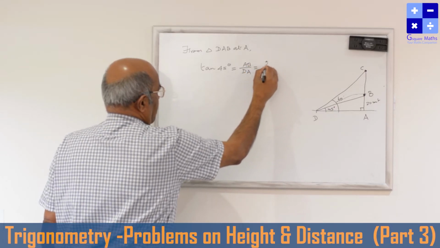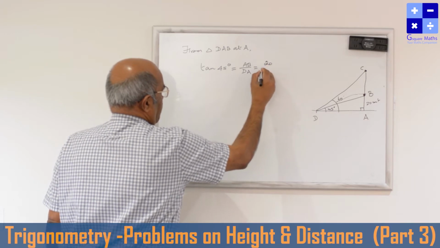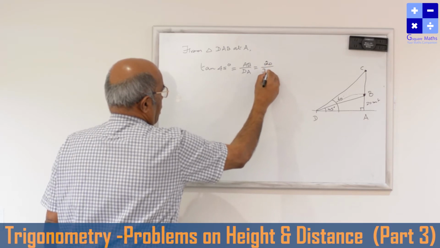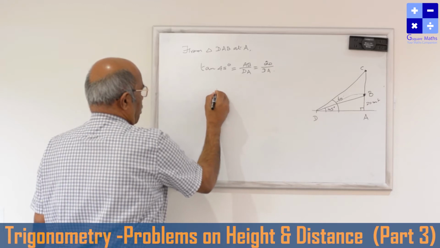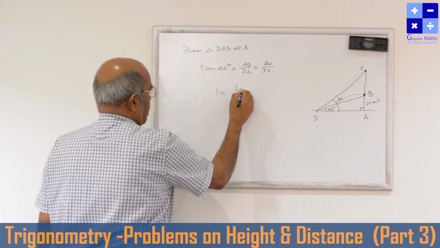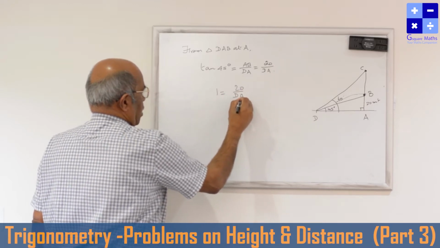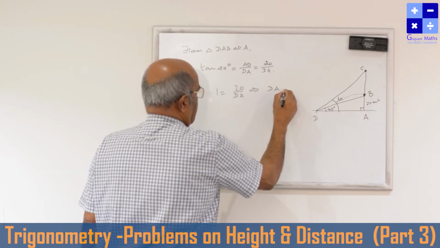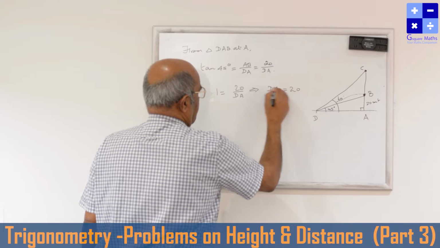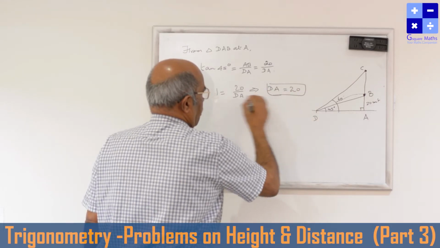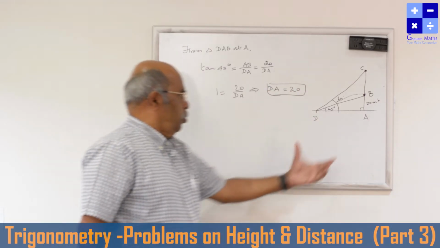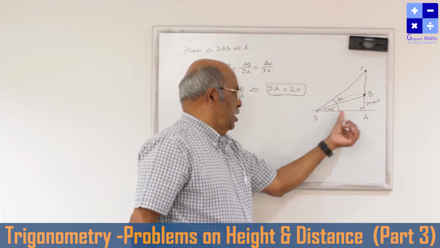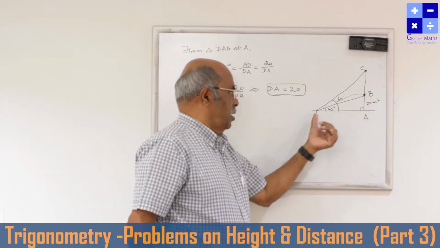AB is already given, the height of the building 20 meters, by DA. And we know tan 45 is 1. So 1 is equal to 20 by DA. This implies DA is equal to 20. So, the man is standing 20 meters away from the building.